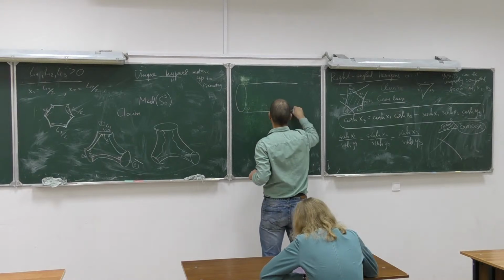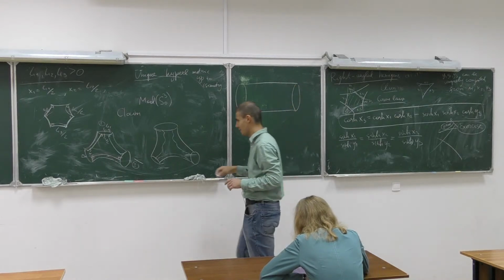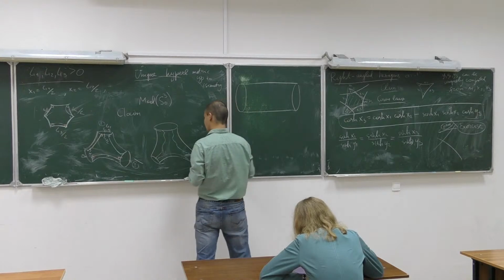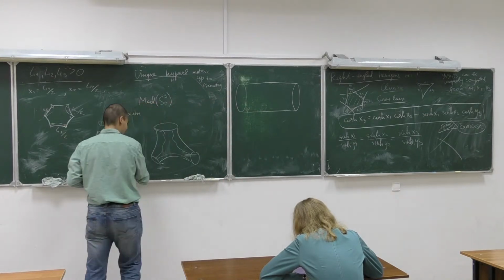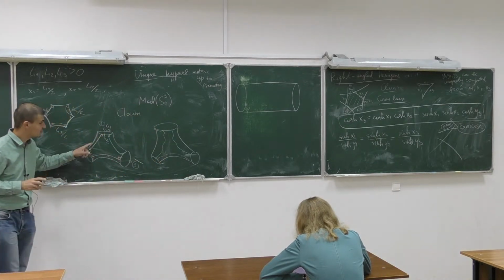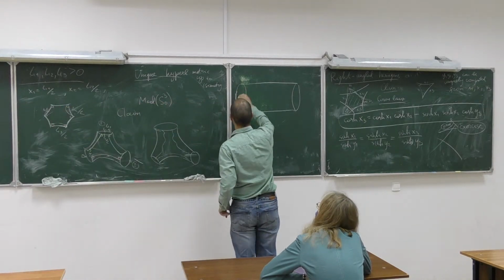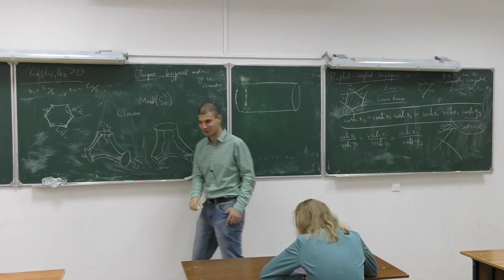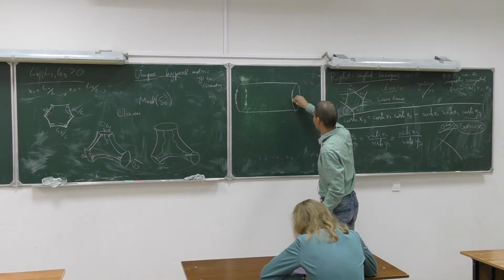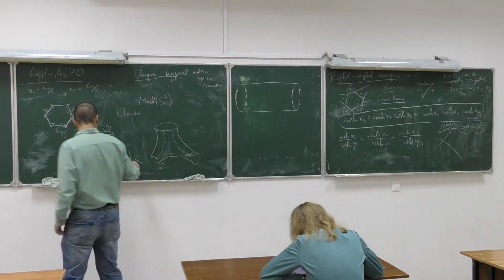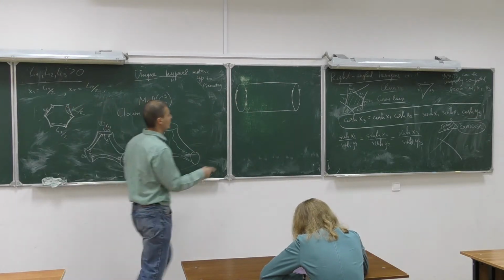We have a cylinder, but let us be accurate here. We have not only a cylinder, but we have also these yellow segments which come from yellow curves. We have these yellow segments, but only on one side, of course.